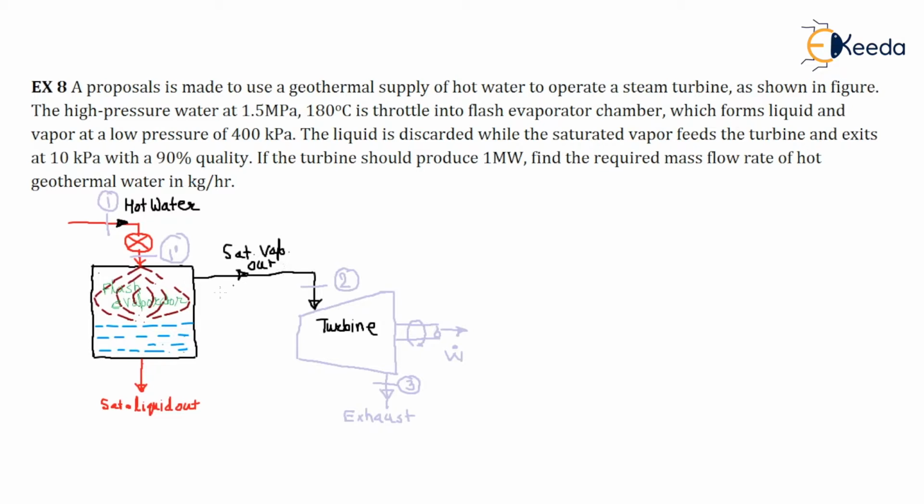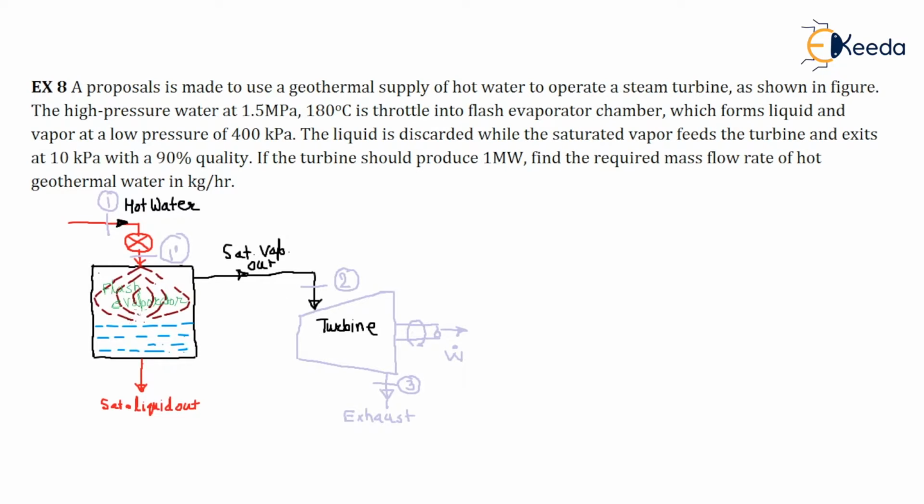This is the flash evaporator chamber and this is the throttling valve, which forms liquid and vapor at a low pressure of 400 kilopascal. The liquid is discarded while the saturated vapor feeds the turbine.